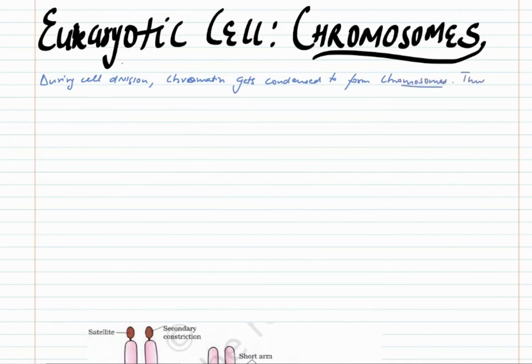Thus, chromosomes are condensed form of chromatin.